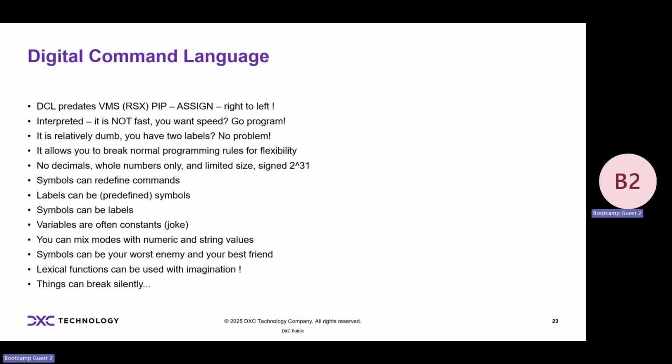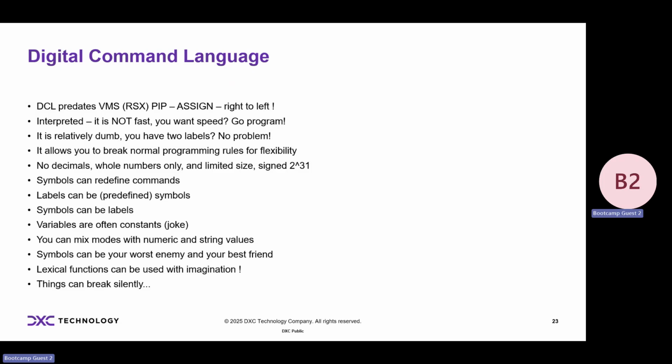Right, DCL. Okay, it's interpreted. I've done a little bit of this because is it Wayne at Parsec? He came along to one of my earlier presentations, and I talked about this. So there's a whole load of stuff here, really, with DCL. It's dumb, it's stupid. You can have two labels. You can break a lot of programming rules.